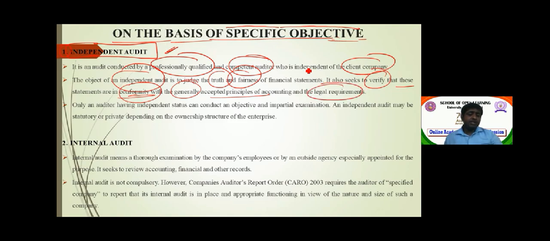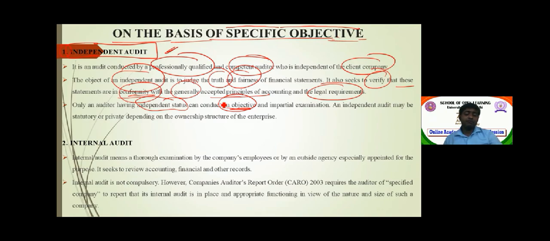All right. Then only an auditor having independent status can conduct an objective and impartial examination. Because if you are biased, if you have, let's say, some sort of share in the company, if you are there in the management of the company, then you cannot perform this impartial audit or independent audit.